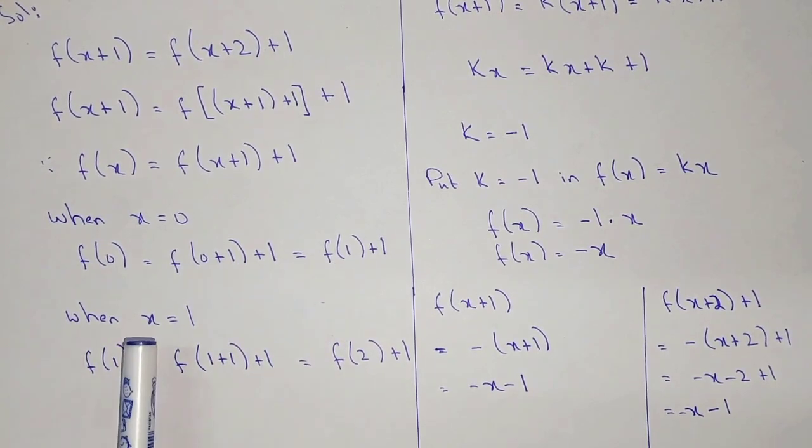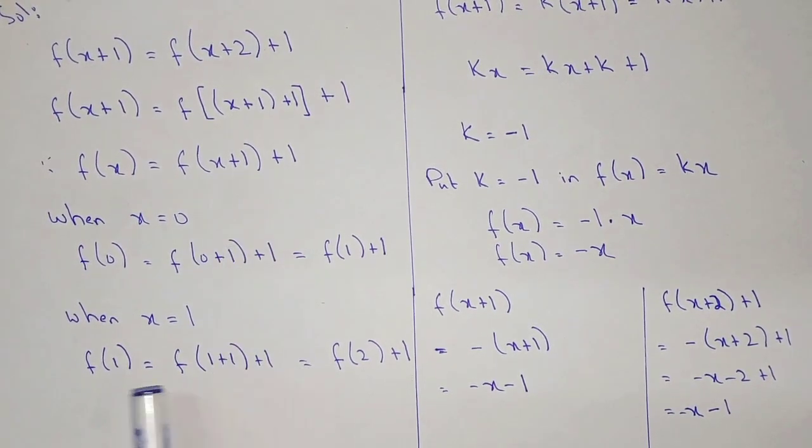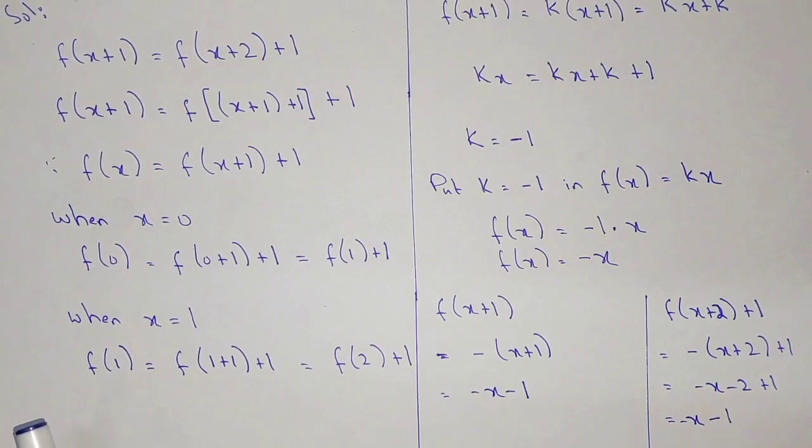So when x is equal to 1, f(1) = f(1+1) + 1, so that is going to be f(1) = f(2) + 1. But we have to find the input value. It means it should be such a natural number, so that the function f(x+1) should be equal to f(x+2) + 1 as required in the question.